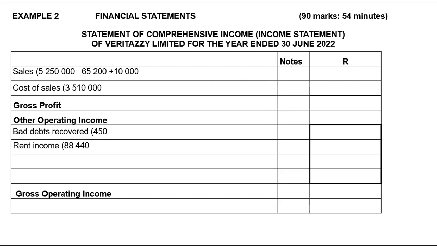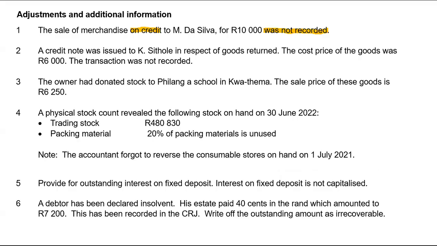But here's the thing. I said to you that transaction will affect 4 accounts. And so far, we have only done 2. What is the other 2 accounts? You debit cost of sales and then you credit trading stock. But those 2, you record them at cost price. You debit cost of sales.